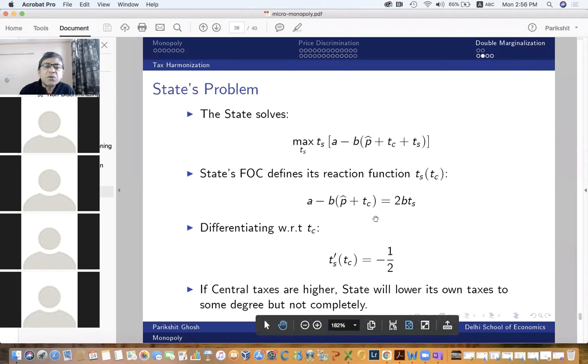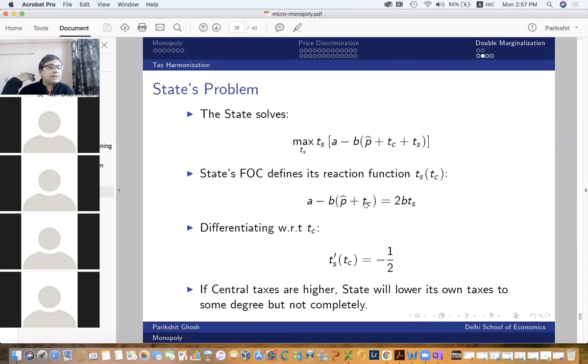So this is what is called the reaction function. What does this tell us? It tells us what the state's optimal choice of tax rate will be as a function of the tax rate that the center chose earlier. And you can see there's a negative relationship.